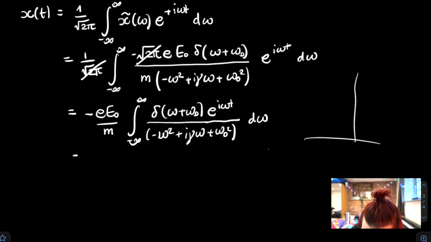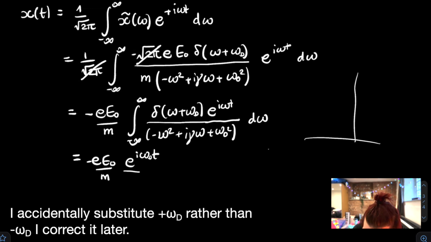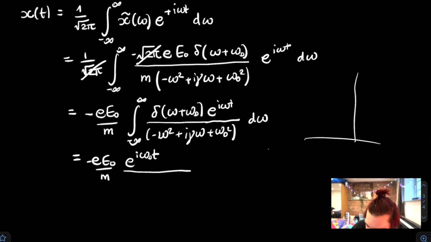So we can just rewrite this as minus E naught divided by m times e to the i omega d t, which is our driving frequency. And now we just have to substitute the driving frequency into the denominator, which is minus omega d squared plus i gamma omega d plus omega naught squared right here.